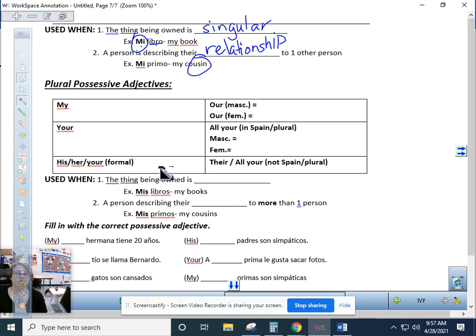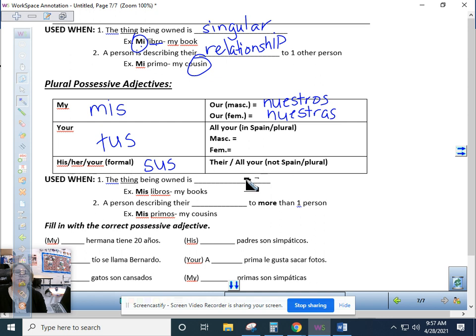Now, of course, we have plural possessive adjectives because when we talk about plural nouns, we need a plural possessive adjective. So instead of mi, it's going to be mis. Instead of tu, it's going to be tus. You're going to see, all you're basically doing is adding an s to all the singular ones. Sus is his, her, or your formal. Nuestros, nuestras, right?